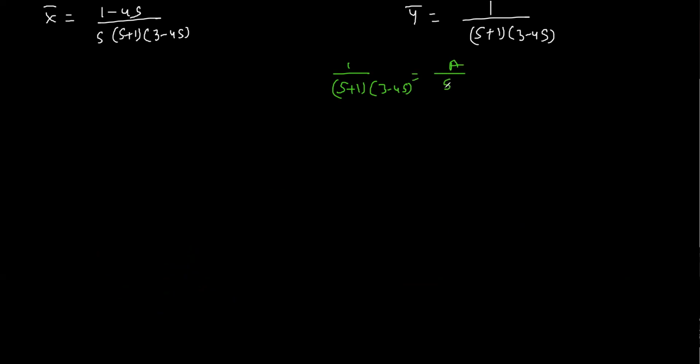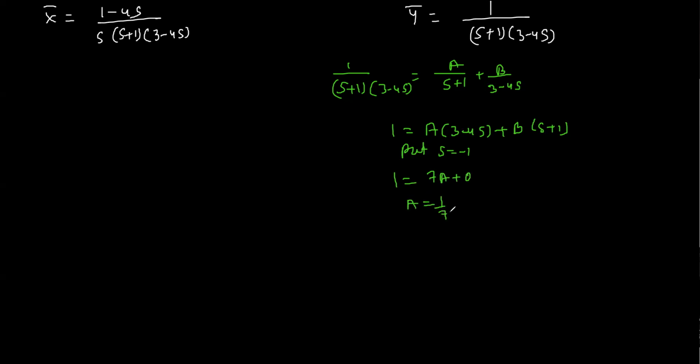So A upon s plus 1, B upon 3 minus 4s. Put s is equal to minus 1. Minus 1 means 3 plus 4, 7. So A is 1 by 7.